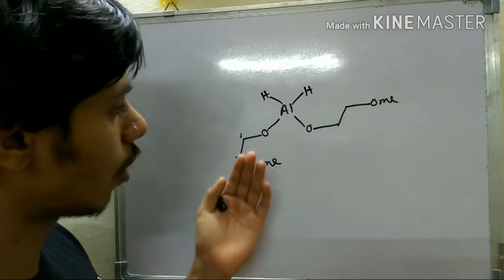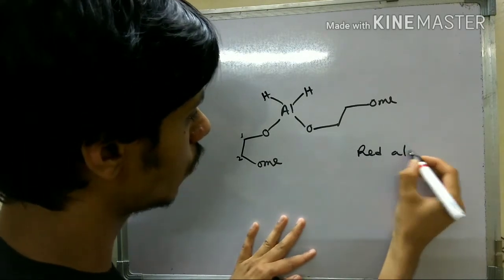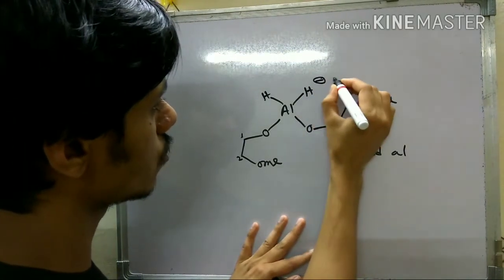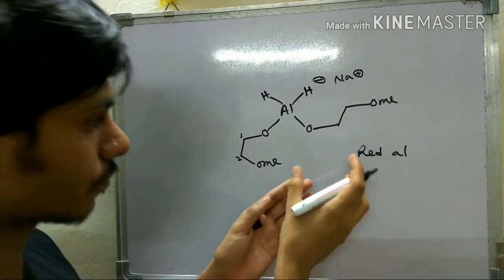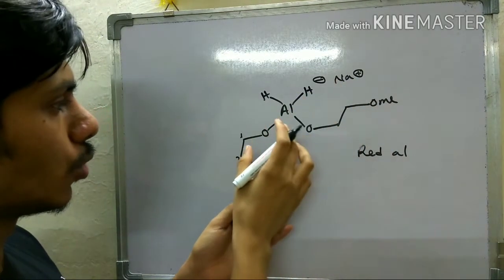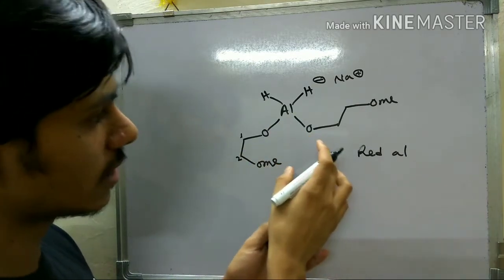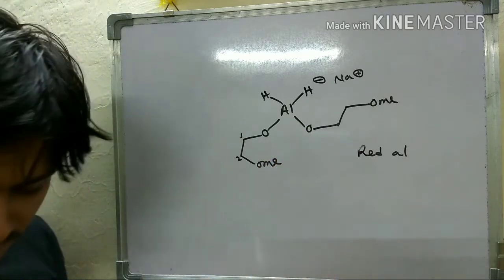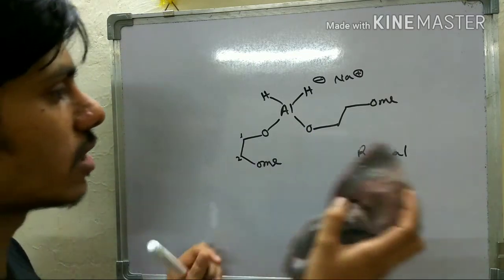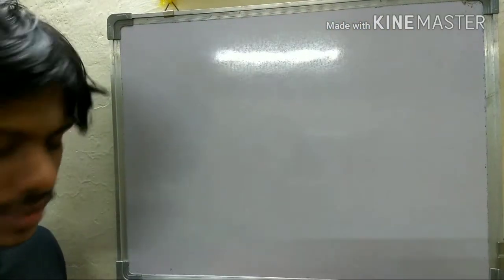Here you have a minus, and sodium is the counter cation, so it is called sodium bis(2-methoxyethoxy)aluminium hydride. This reagent is very important in reducing alkynes, and it gives a particular regioselectivity.